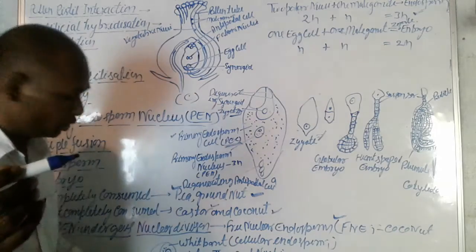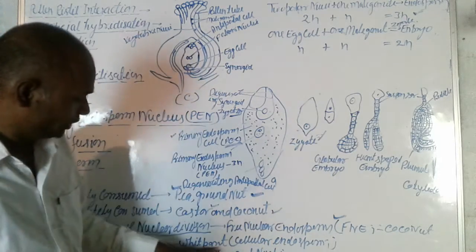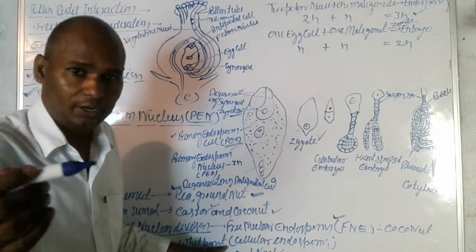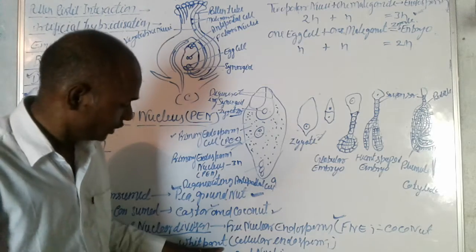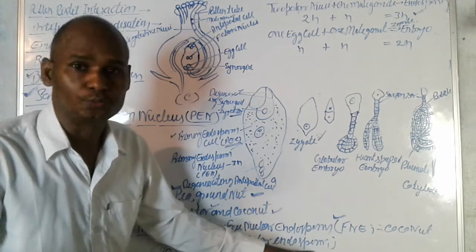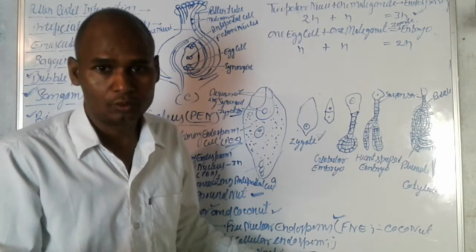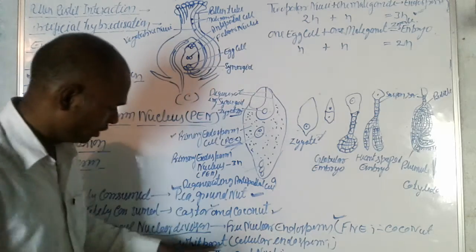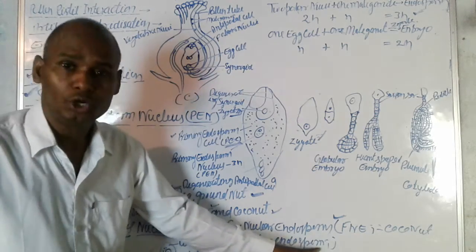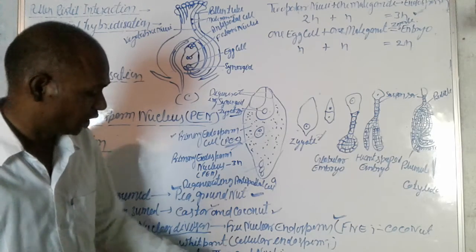And again you see the white part of the coconut. This is the cellular endosperm. The white part of coconut is the cellular endosperm, and water is the 1000 nuclei.